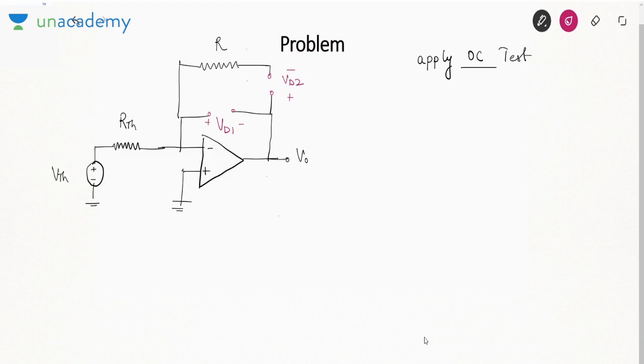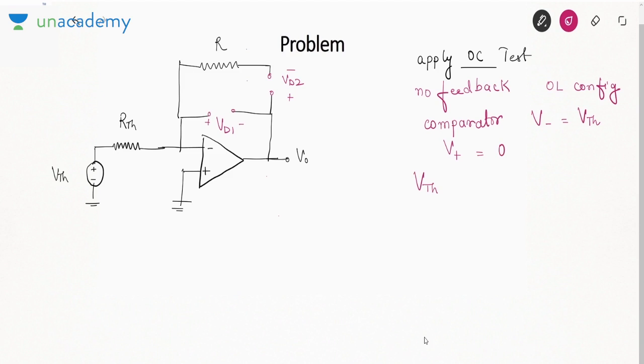Now due to open circuit, what you can say? There is no feedback, there is no path that goes from output to the input. That is, it becomes an open loop configuration. In an open loop configuration, this circuit will work as a comparator, in which the negative terminal voltage is VTH and the positive terminal voltage is 0.